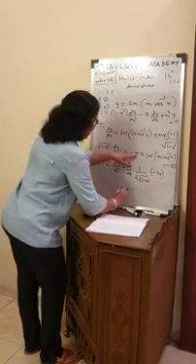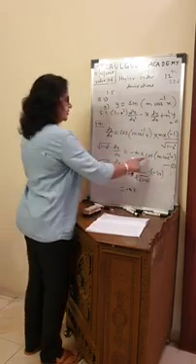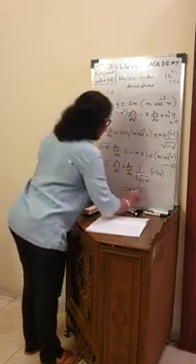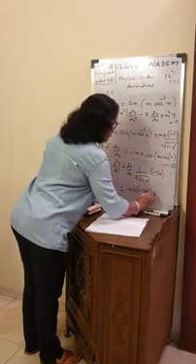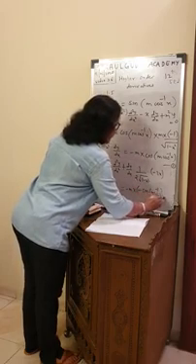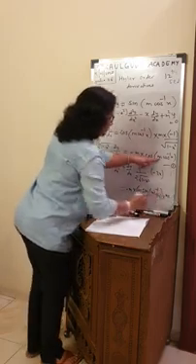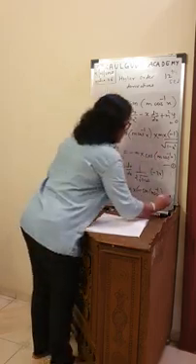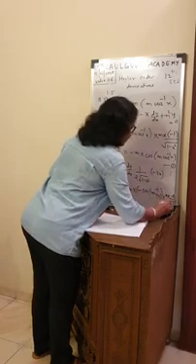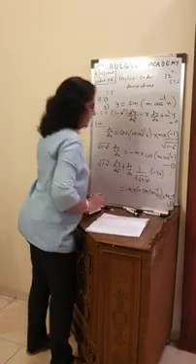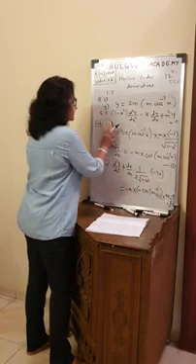RHS, minus m is a constant, into cos, derivative of cos is minus sine m cos inverse x, into, forget cos, go ahead, m is a constant, into cos inverse x derivative, minus 1 upon root 1 minus x square.